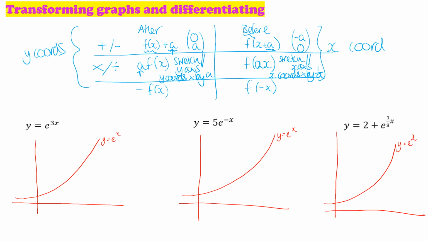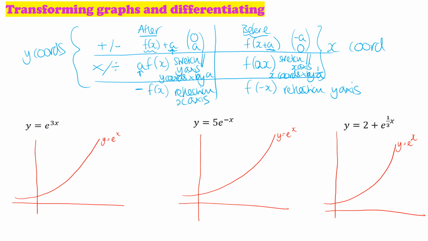So these before ones always go a little bit the way you don't think, as opposed to the after ones. Then the negative ones, making it minus before we apply the function, that is going to be a reflection in the y-axis, and making it negative after we've applied the function, that's a reflection in the x-axis.